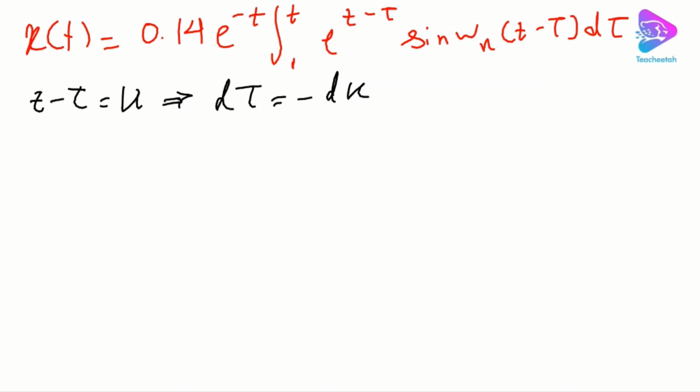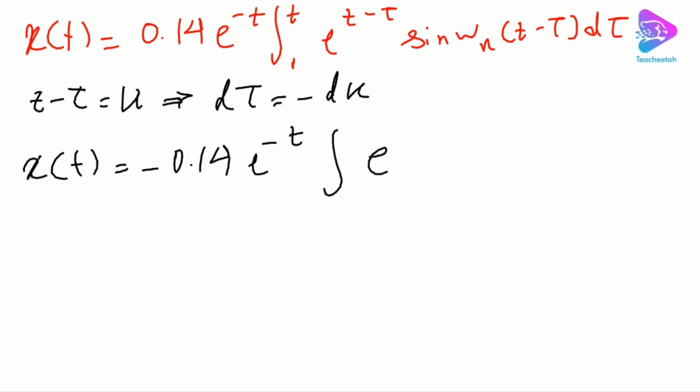So let's forget about the upper bound and lower bound for now, and just keep it as x(t) equal to the integral, minus, and this minus is from here, 0.14 e^(-t) integral of e^u sin(ωn u) du, right? So that's why we define u, because we want to make it even simpler.